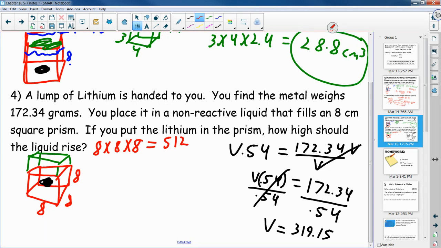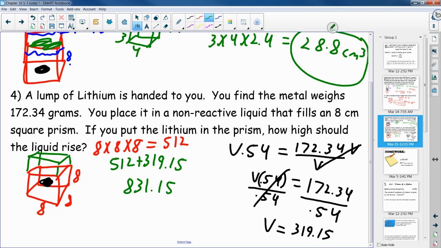When we added the lithium, we're adding a volume of 319.15. So when we add those together to figure out our new total volume, we get 831.15. So that's our total volume when we add the lithium into the box.